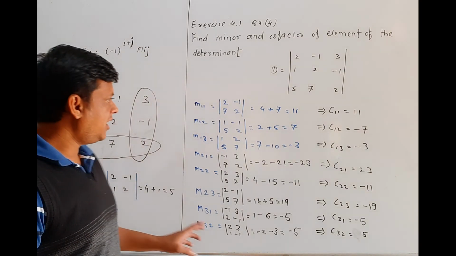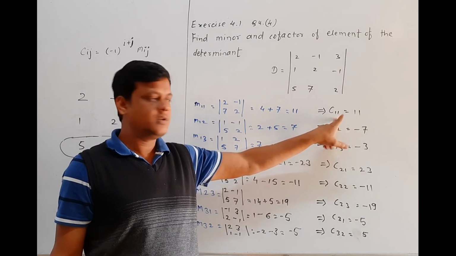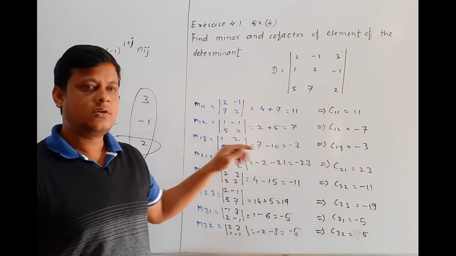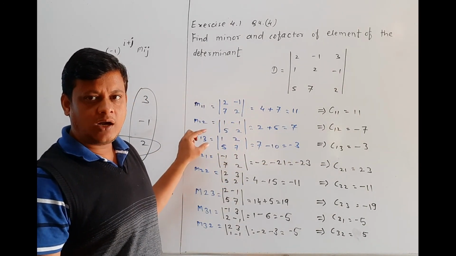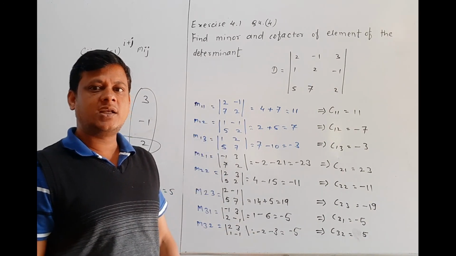The easy way is to add the position of the element: if the sum is an even number, then write the minor as the cofactor. If the sum is an odd number, then you have to change the sign of the minor for writing the cofactor.